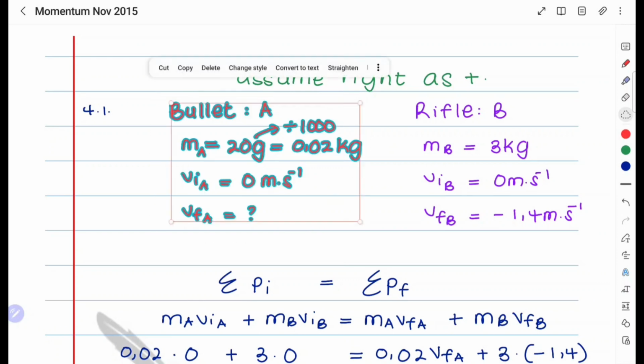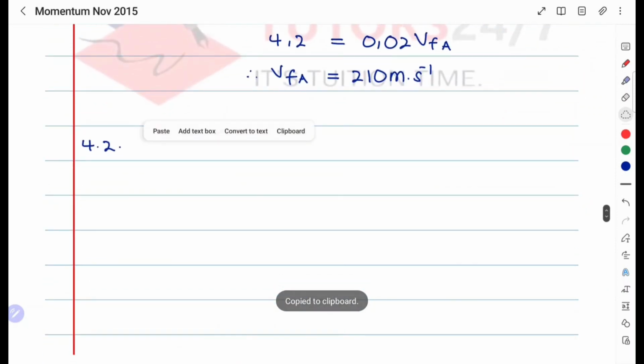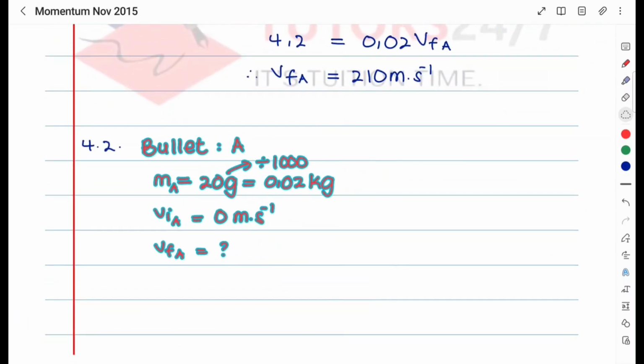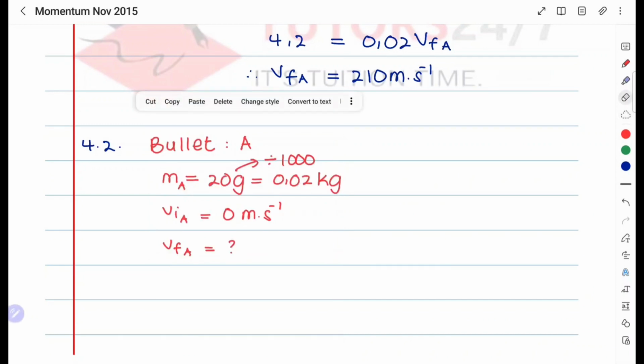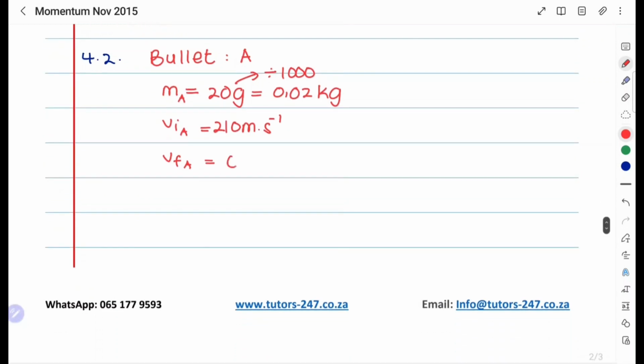So keep in mind, we can just copy this instead of having to rewrite all of that information, and just change what we need to, since we now know that the initial velocity of this bullet will be 210 meters per second. Final velocity will be 0 meters per second.